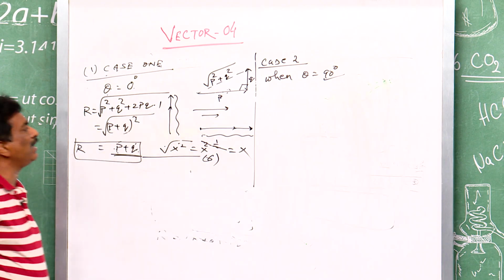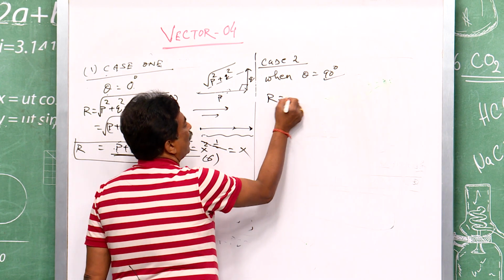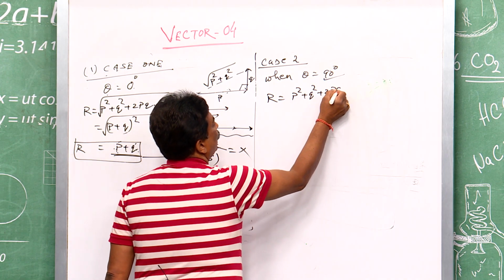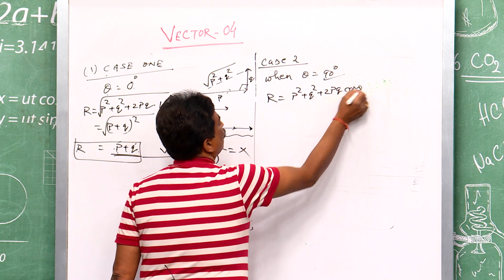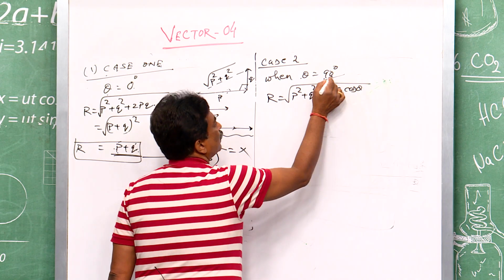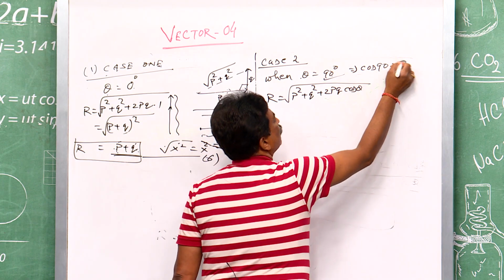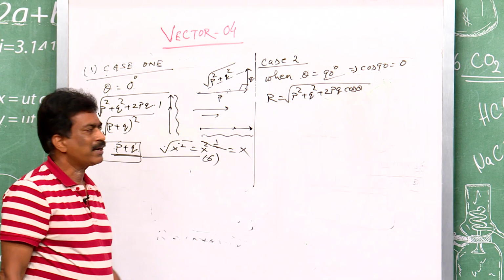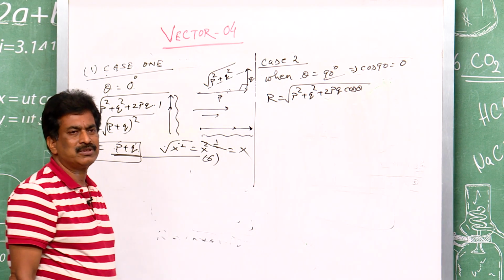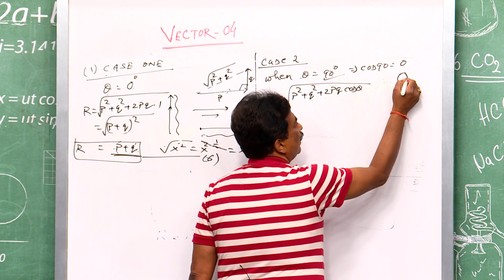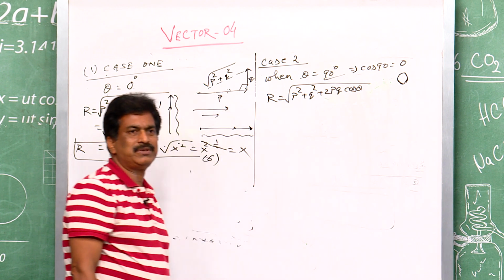And for the analytical method, you know r is equal to the square root of p square plus q square plus 2pq cos theta. When theta is equal to 90, this implies cos 90 is equal to double c. Sir, cos 90 is equal to double c? How, sir? You see, this is the 1c, this is the 1c. If we join, that is the double c, which is 0.